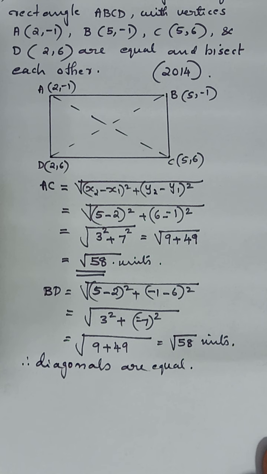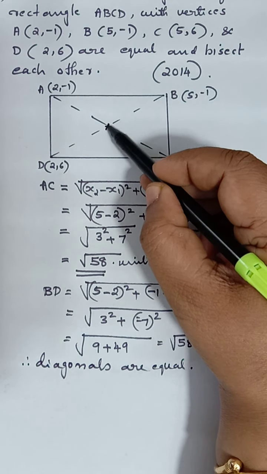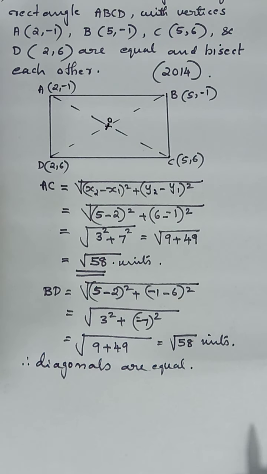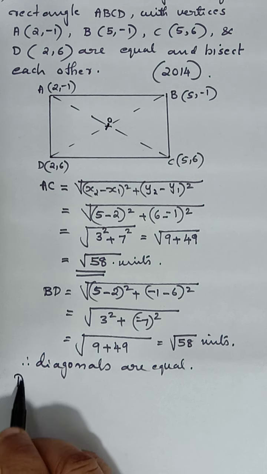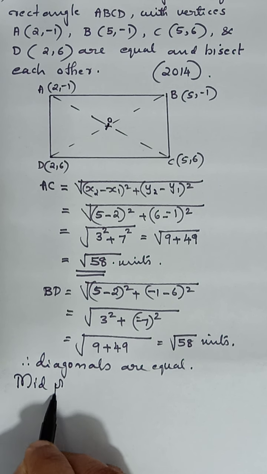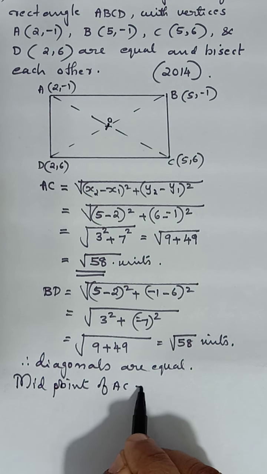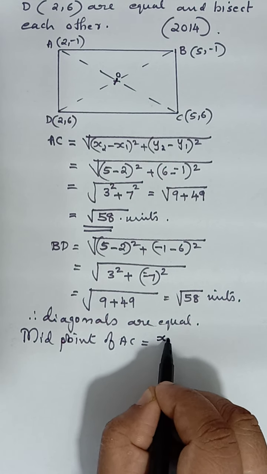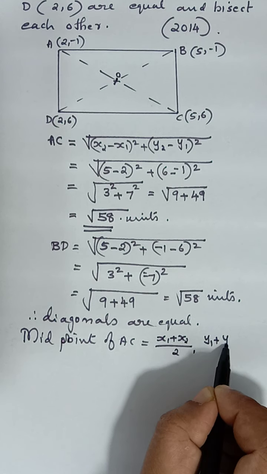Now we have to prove the diagonals bisect each other. That means it is having a bisecting point O. We can say here O is the common point. So by using the midpoint formula we will find out the midpoint of AC. First let us write the formula: (x1 plus x2) by 2, (y1 plus y2) by 2.